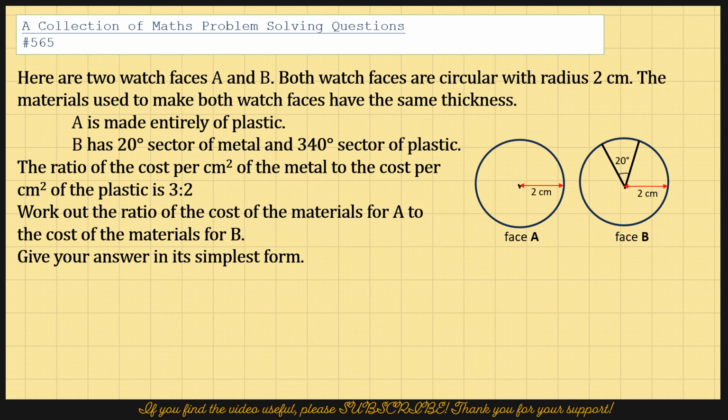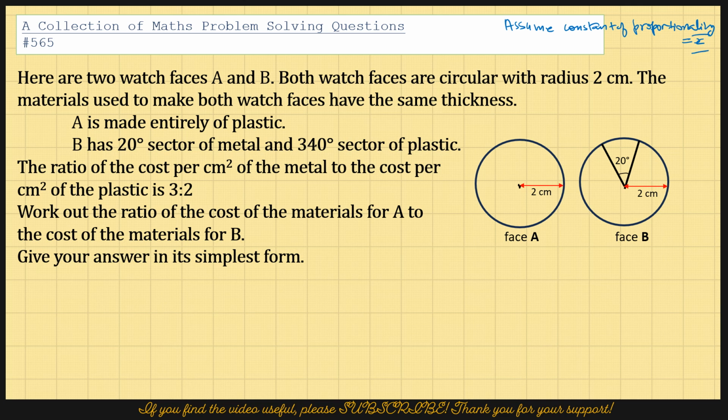So the first thing we can do is assume the constant of proportionality equals x.